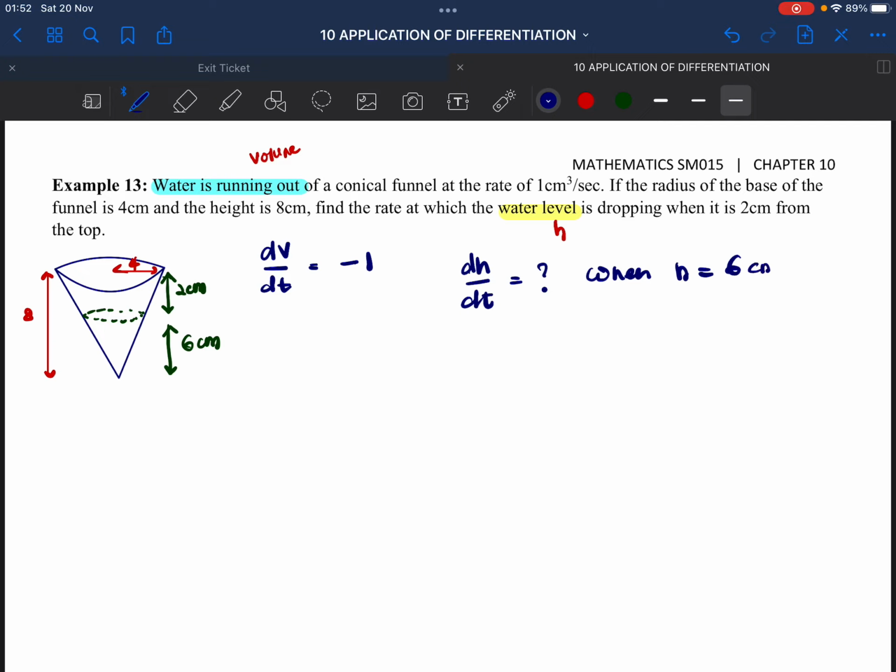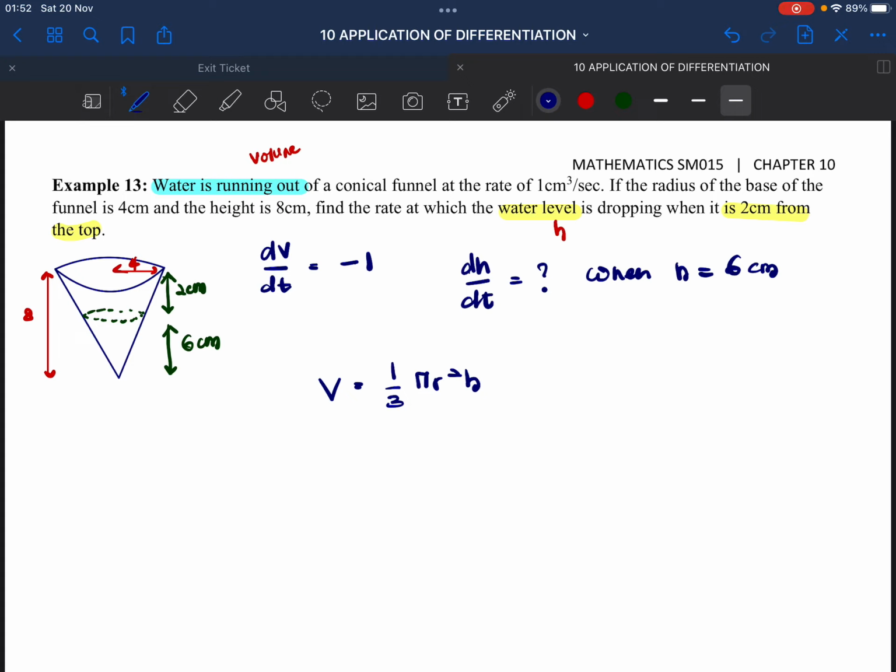Make sure to read the question carefully, because the question said 2 centimeter from the top. That is everything that we have here. Now we are talking about volume. So we have dV over dt here. Let's write the volume for the cone: 1 over 3 pi r square h.